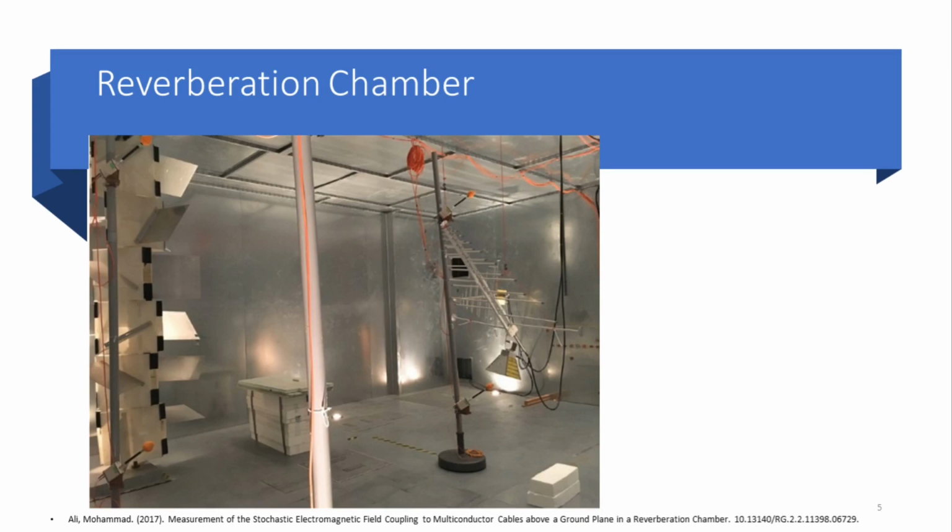A reverberation chamber, sometimes known as a mode tuned or mode stirred chamber, is a shielded enclosure or resonant cavity for RF testing. This chamber is statistically isotropic, random polarity, having RF uniformity within specified limits.